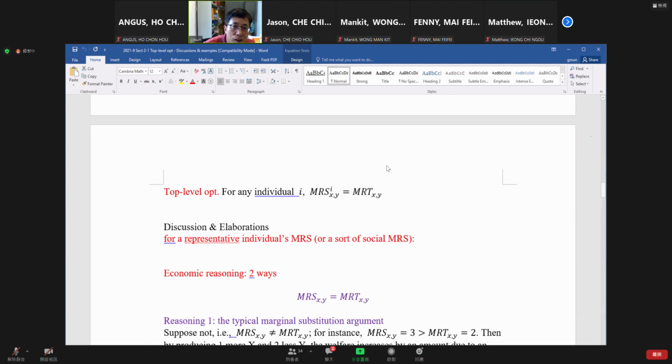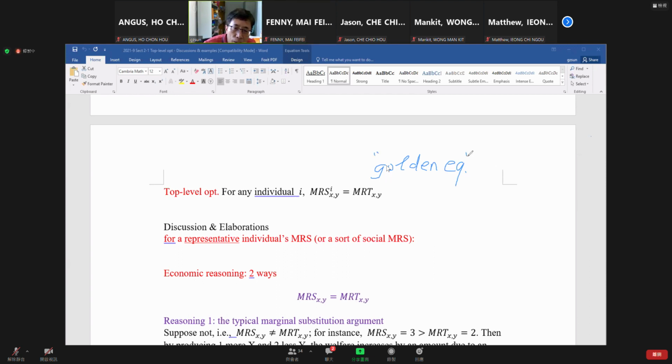There's some economists' joke about what we know in economics. This is the golden equation.